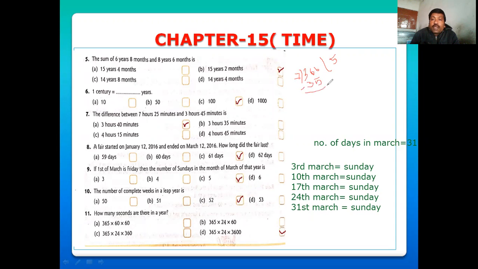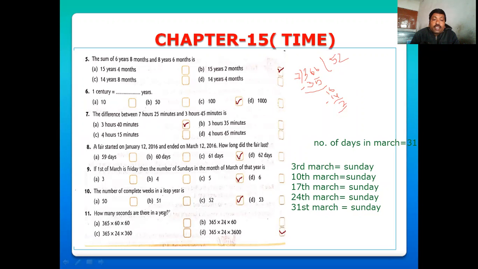When we subtract, we get 1, and here is the 6. And when we divide this, 7 2s are 14. So here we see the number of weeks in a leap year will be 52. So answer will be C.